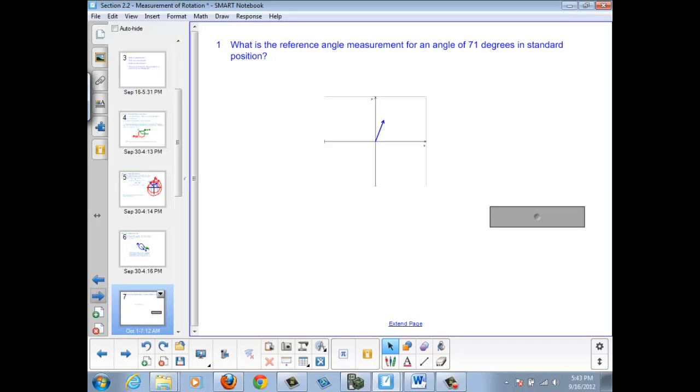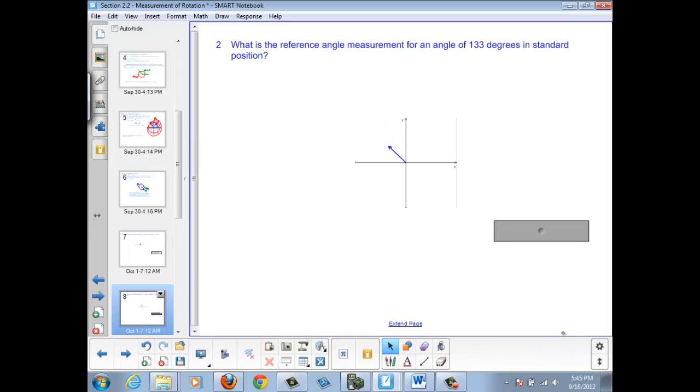What would the reference angle measurement for an angle of 71 degrees in standard position be? I'm going to pause. You figure it out. Hopefully that's the answer you got, because in quadrant 1, our reference angle is the actual angle. What is the reference angle measurement for an angle of 133 degrees in standard position?